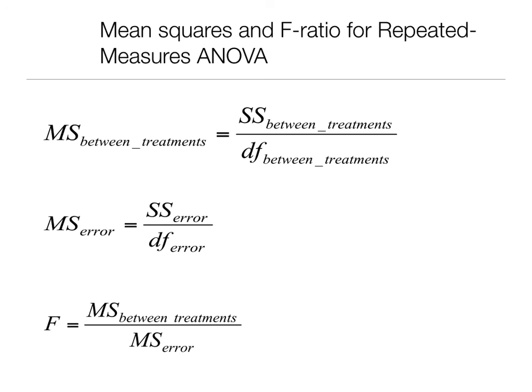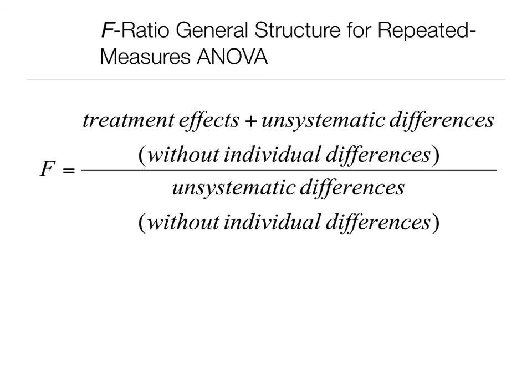So our F ratio ends up being mean square between treatments over mean square error, and that gives us our F. Again, that is our treatment effects plus our unsystematic differences, those chance differences. And remember, there was never any individual difference in the numerator because of the design of the study.